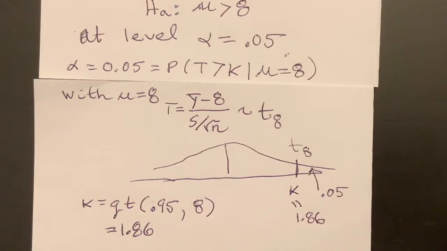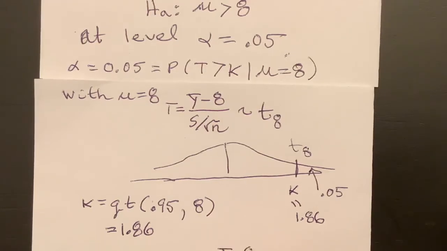All right, so now I will compute my T from the sample. So from the sample, we have T is equal to (y bar minus 8) over (s over square root of 9, which is 3).